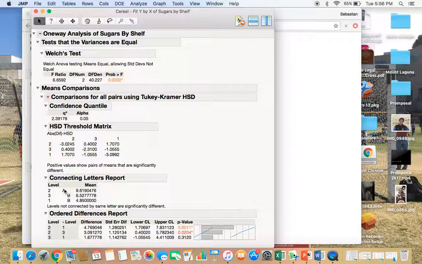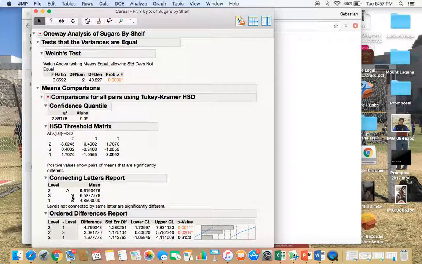Corresponding to the levels is A for 2, and 3 and 1 share B. In context with our problem, we can conclude that level 2 is different from level 1 and level 3 because it does not share the same letters. So those are the mean differences that we stated in the alternative hypothesis in our previous problem.